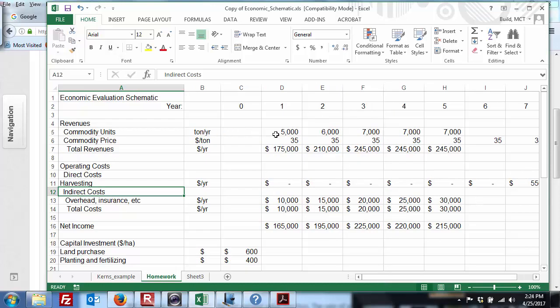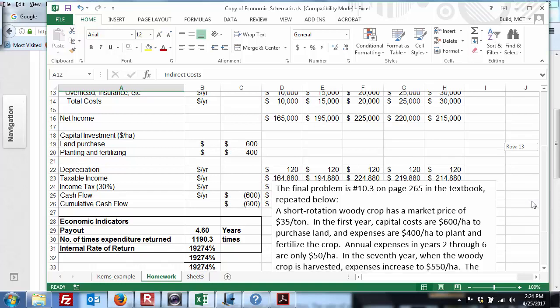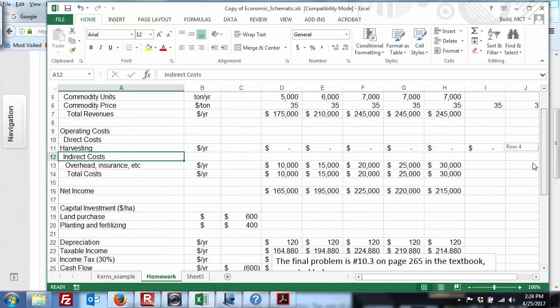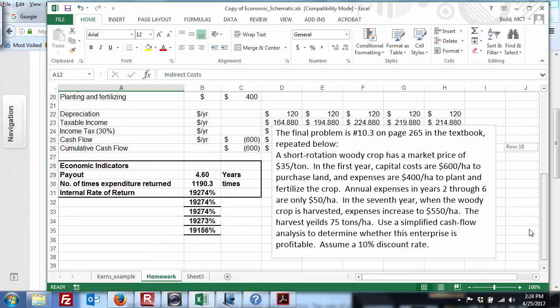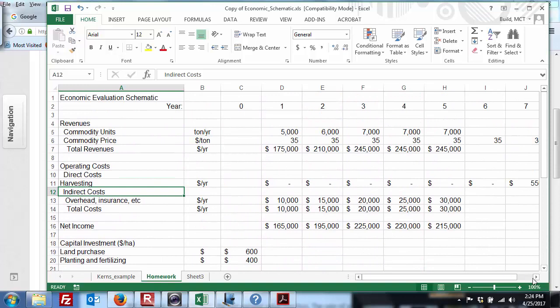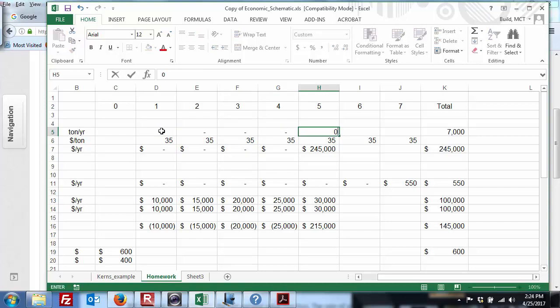Okay, so I've got my years. What's my tons per year? $35 a ton. 75 tons per hectare. This is 0, 0, 0, 0, 0, 0. I say 75?